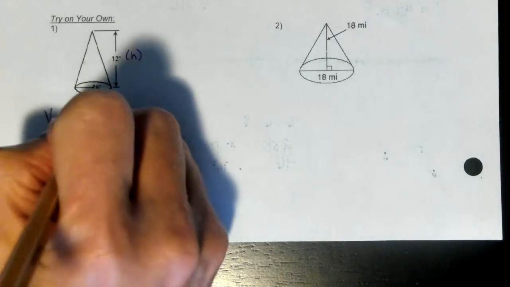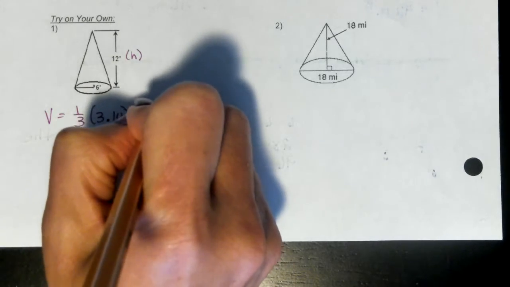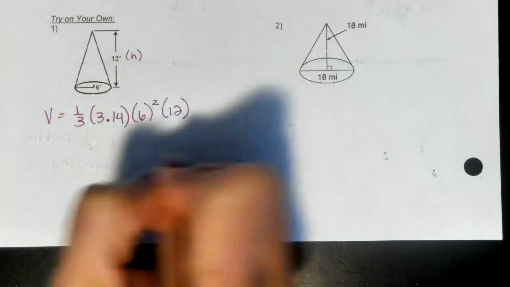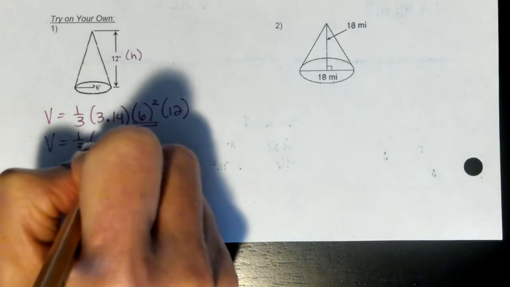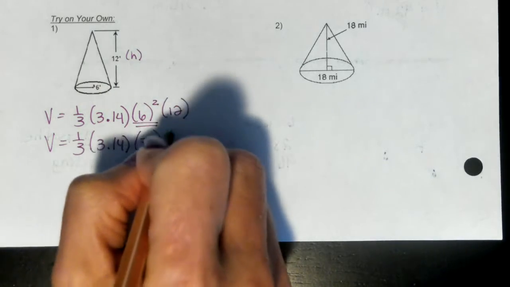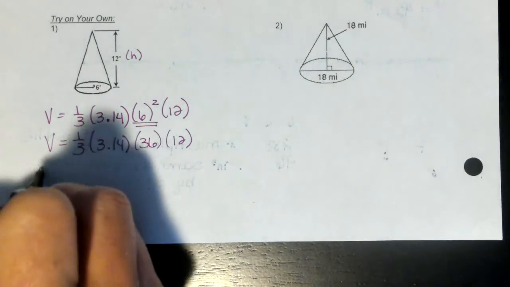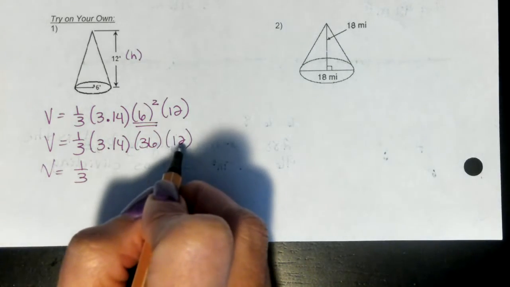So it's 1/3 pi radius squared times the height. We do have to square that radius first. We're going to leave everything else alone. That's going to be 36 times 12. And again, I'm going to leave this 1/3 and multiply all 3 of these pieces together here.